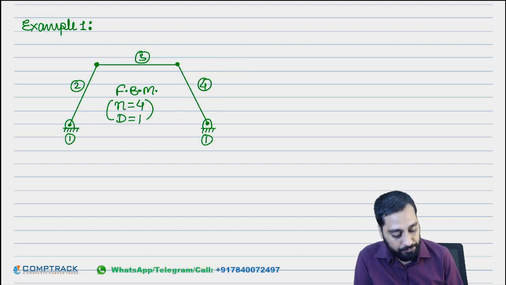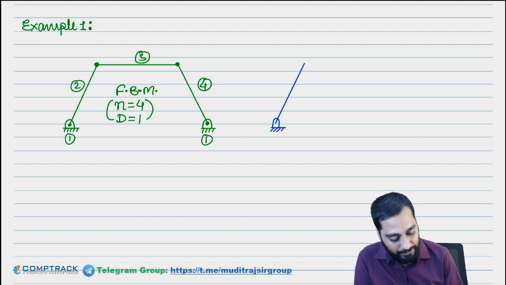Okay, how? Look here, how we can replace it. This is the second link, this is the third link, and the fourth link is replaced by a slider like this.